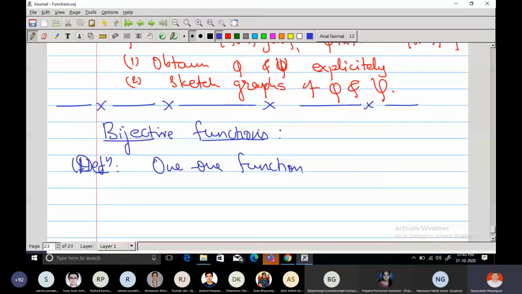So injective means what? The function maps elements inside, like an injection.